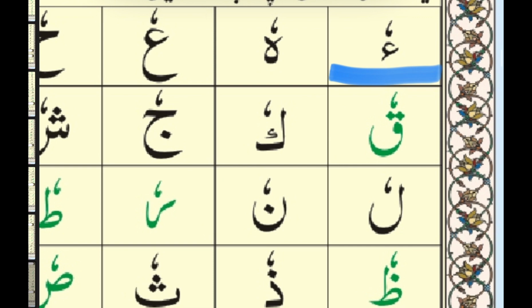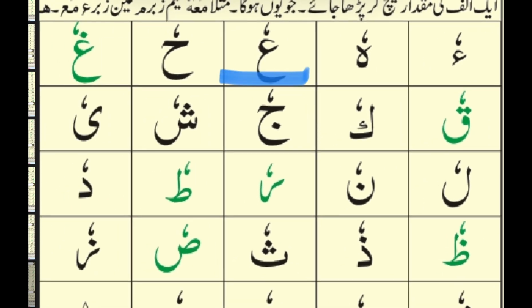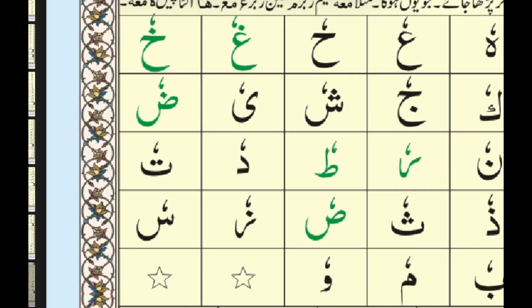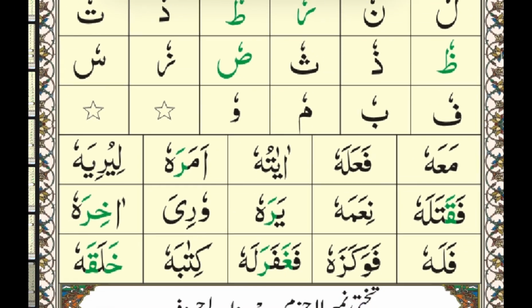This would be oo, hu, ru, hu, ru, khu. As you can see. Now let's move on further down.